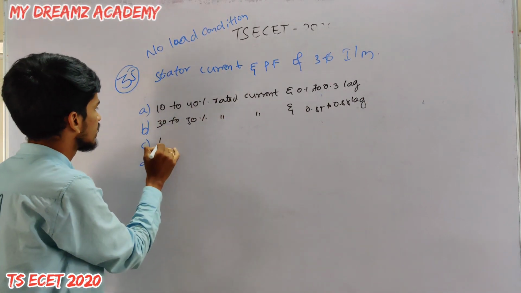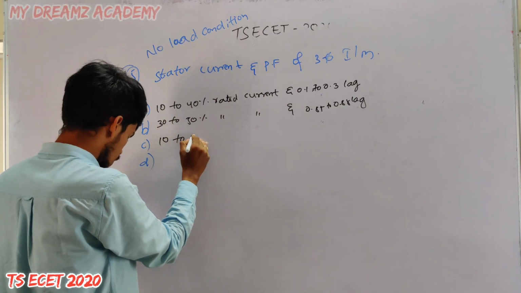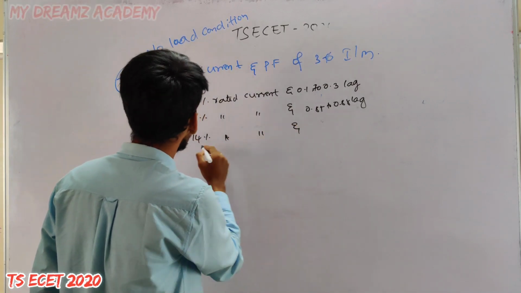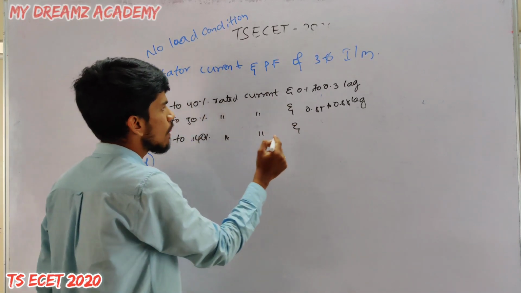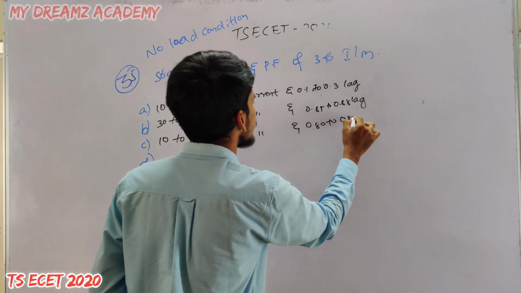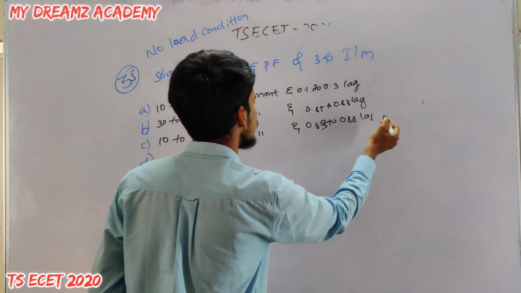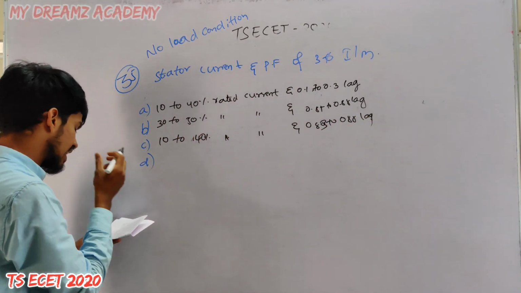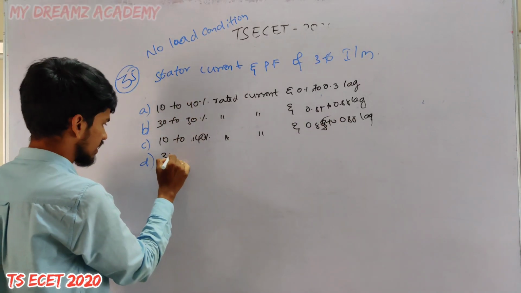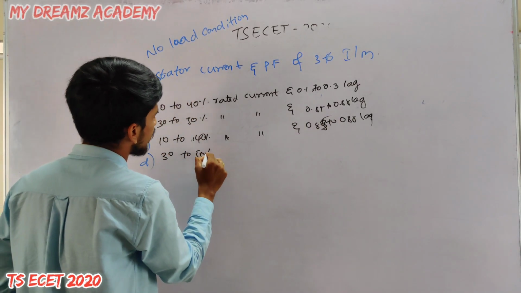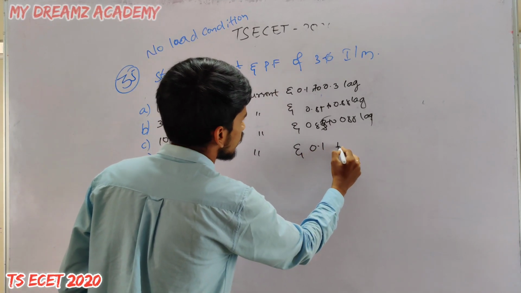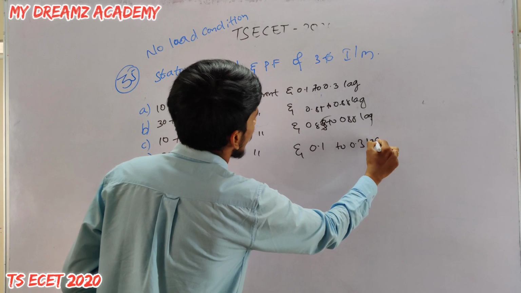Option C, 10 to 40% rated current and 0.83 to 0.88 lag. Our next one, option D, 30 to 50% of rated current and 0.1 to 0.3 lag.